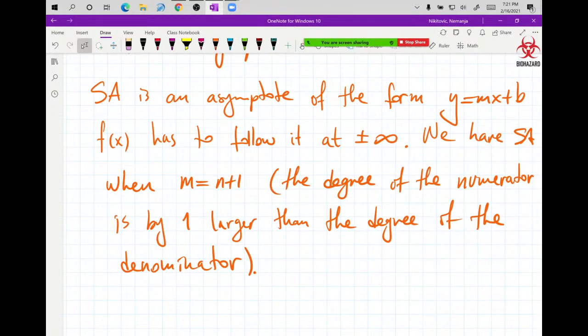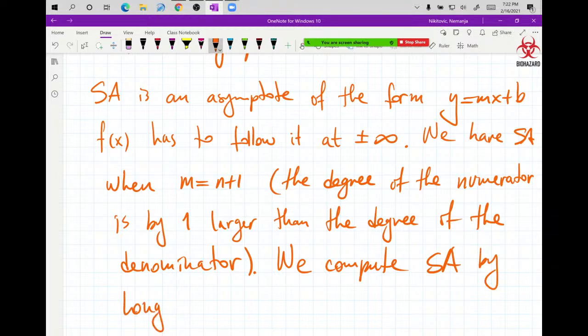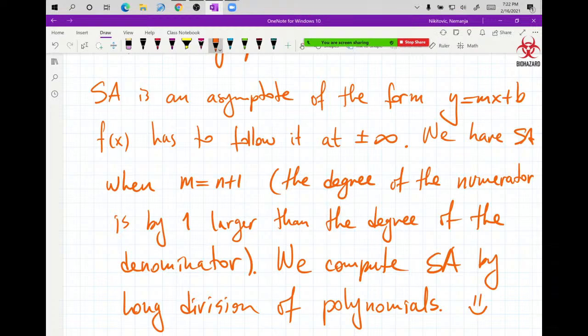And finally, the icing on the cake, as this was not enough information, we compute SA by long division of polynomials. And here, the smiley face to make this a little bit less threatening.